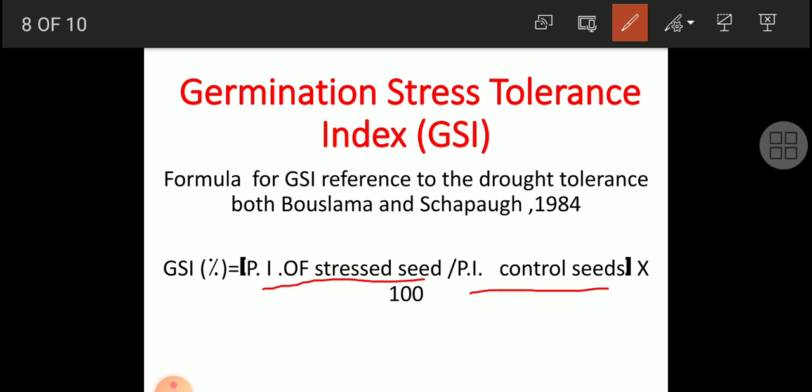So 5 divided by 10 multiplied by 100 is equal to 50, isn't it? So germination stress tolerance can be calculated with the help of this formula: percentage of seeds germinated under stress divided by percentage of seeds germinated in control.